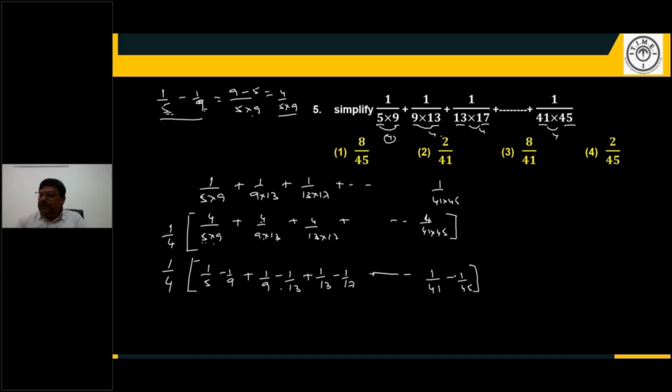So now you can see, students, 1 by 9 gets cancelled, 1 by 13, 1 by 17 in the next term, up to this everything will get cancelled.